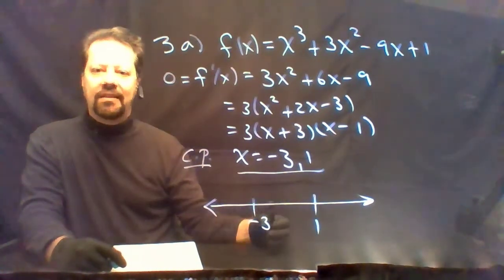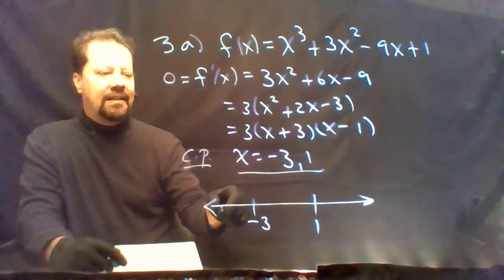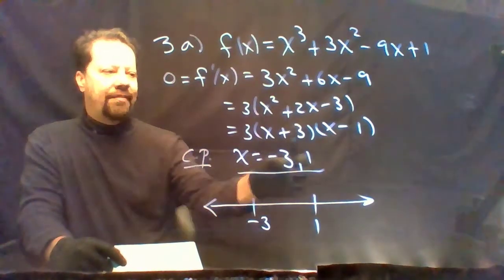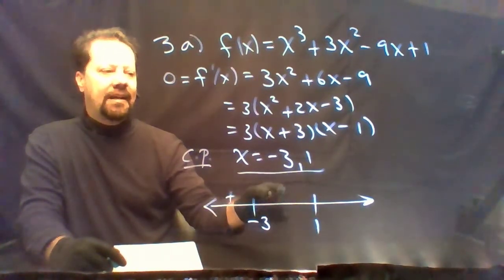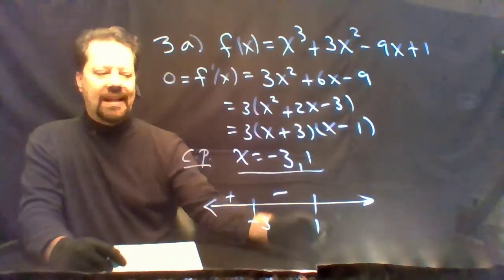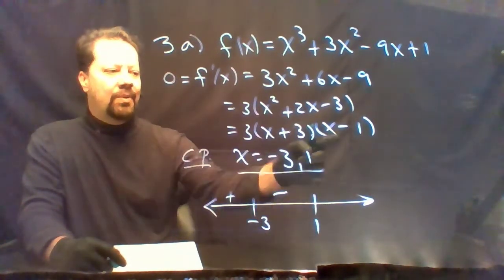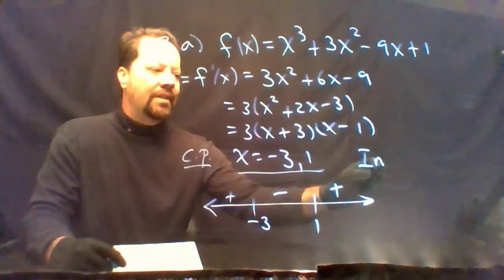Use only the critical points or points not in the domain. At -4, we'll have a negative and a negative, giving us a positive. At 0, we get a positive and a negative. It's going down there. At 2, everybody's positive, and so this function is increasing.